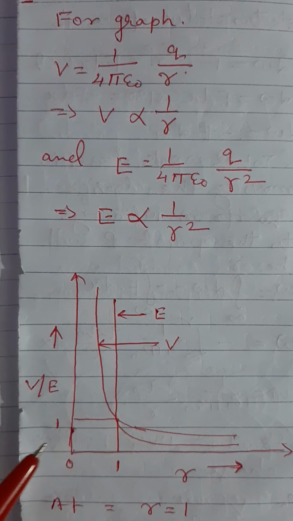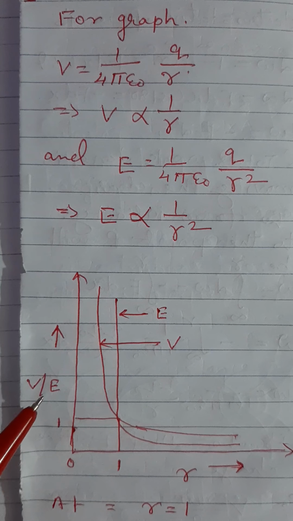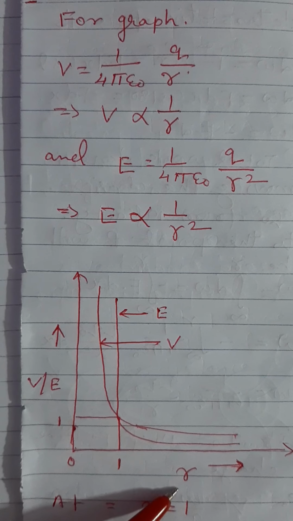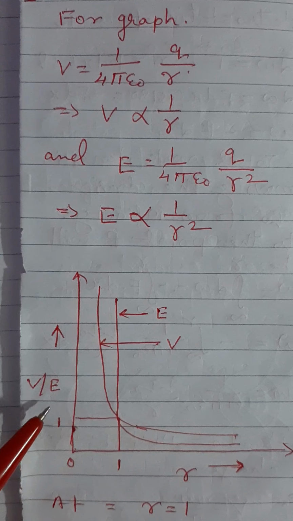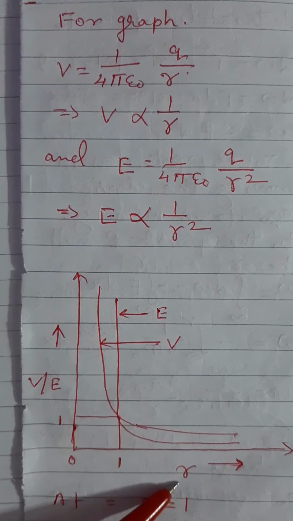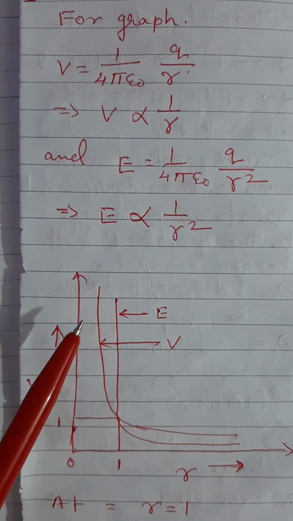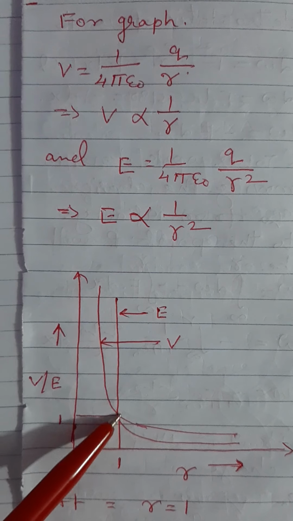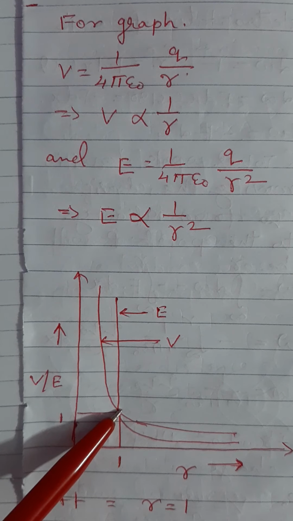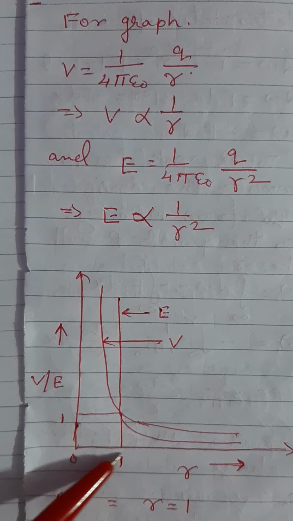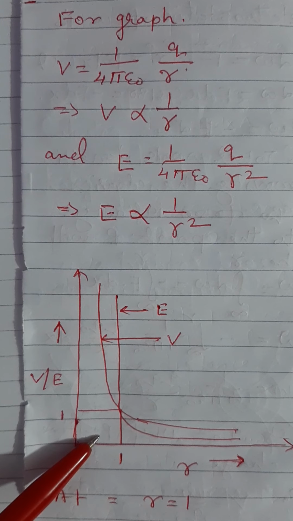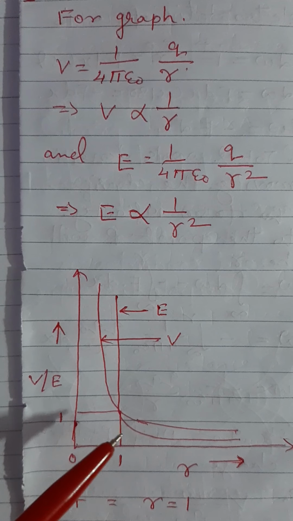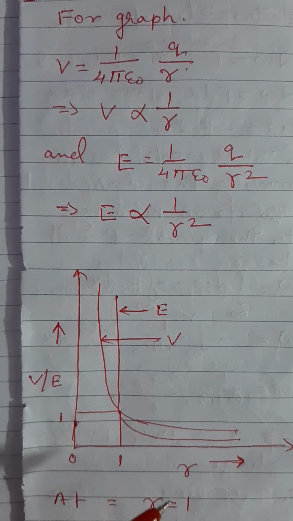When we draw a graph of potential versus distance and electric field versus distance, we get this nature. There is one point where both coincide. So what is the point? This point is when the distance r is 1.